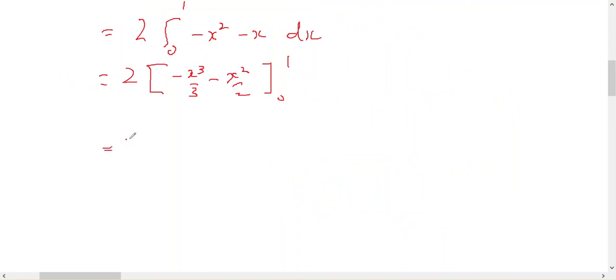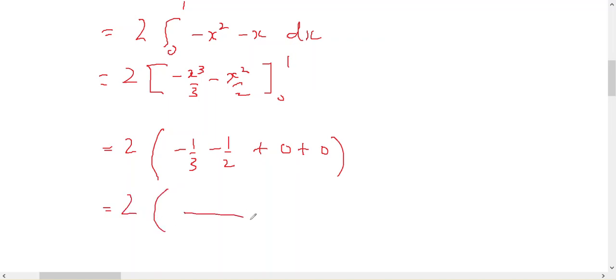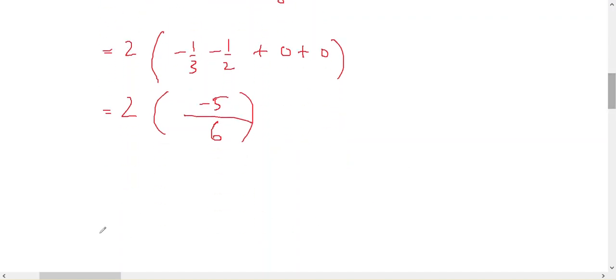We've got 2 lots of minus 1/3 minus a half plus 0 plus 0, which is 2 lots of minus 2/6 minus 3/6, minus 5/6, which is going to be 5/3.